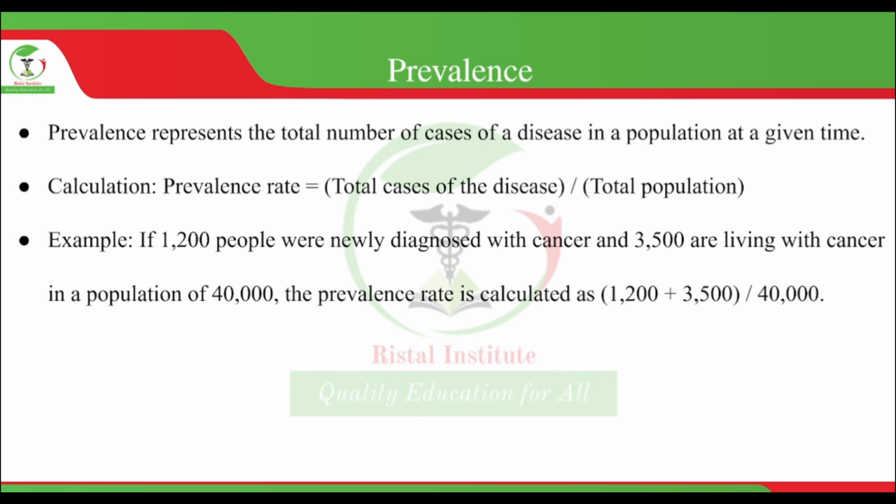What could that prevalence be? Okay, so it is the number of people who have the condition, that is 350, divided by the total population, which is 1,200. Okay, so that gives you the prevalence or the prevalence rate.